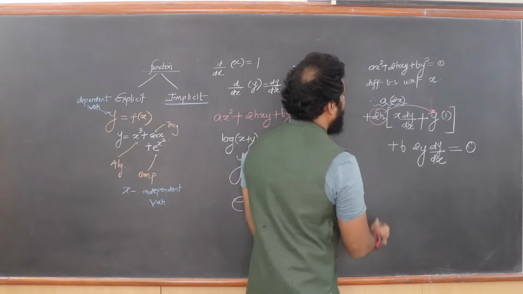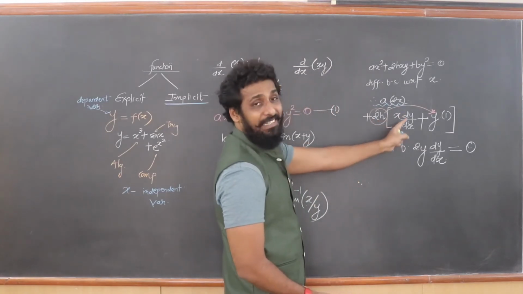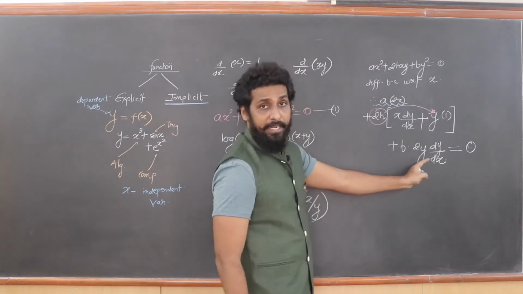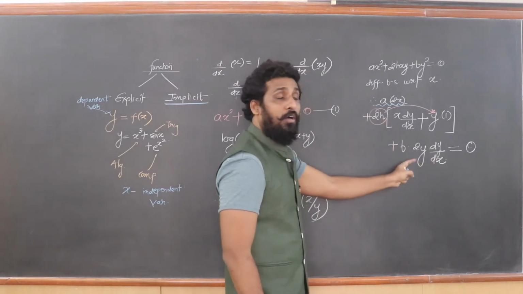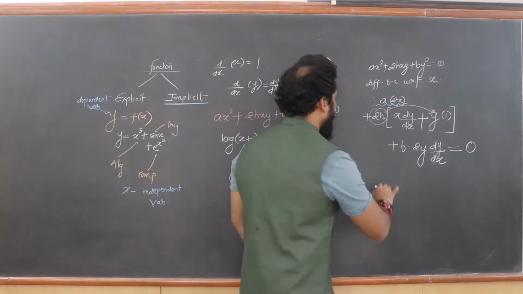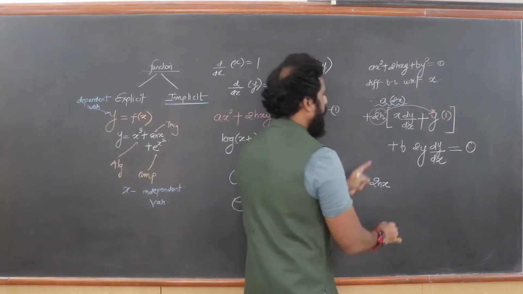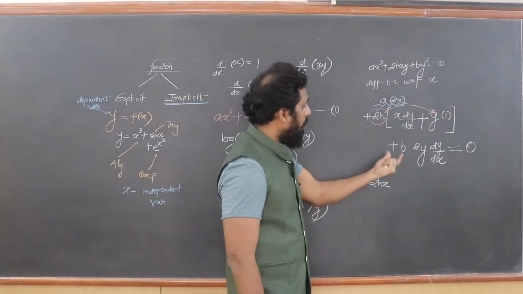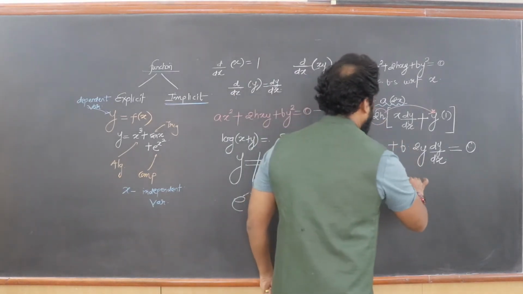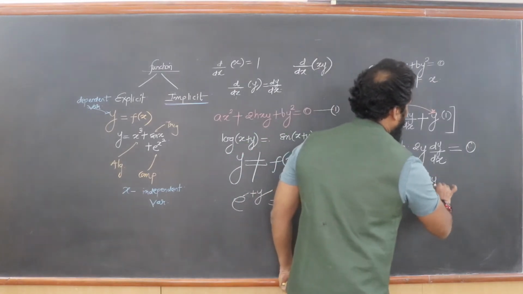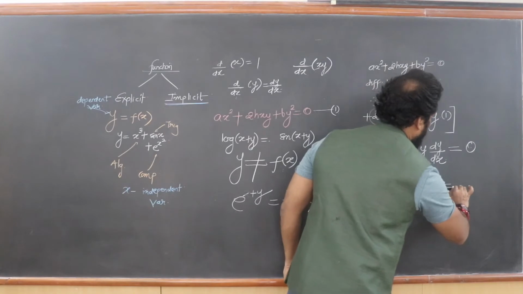So now what terms are left here? 2hx dy by dx, 2by dy by dx. From these two terms, I can simply take out dy by dx common, and what terms will be left? The first term will have 2hx left over here, and in the second term, I'll be getting 2by, and from both the terms, I have taken dy by dx common, isn't it?